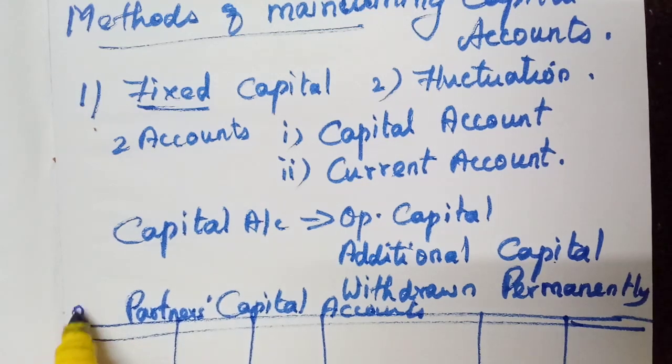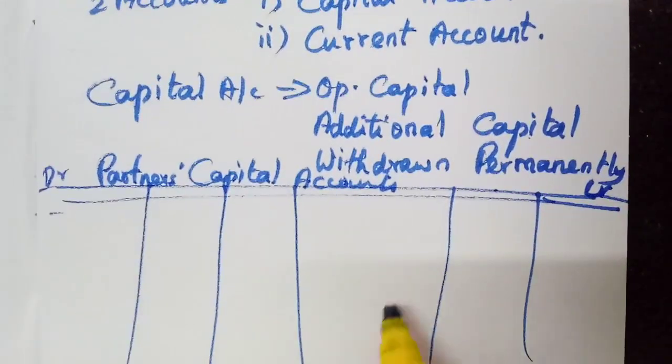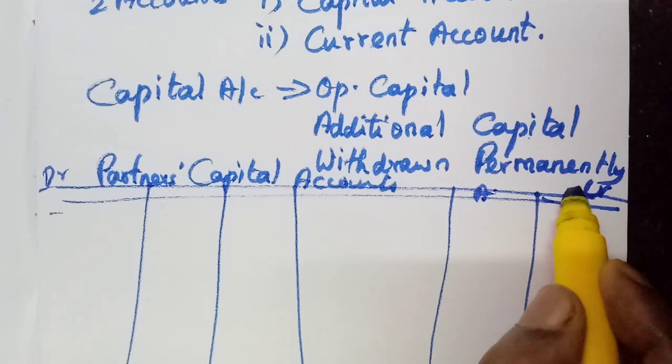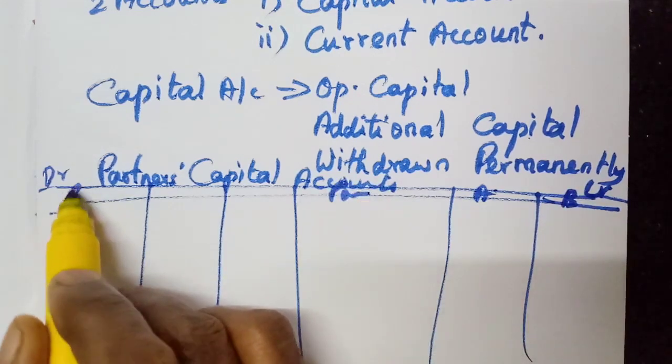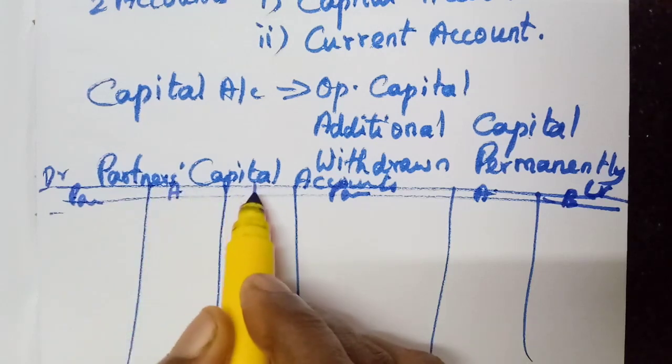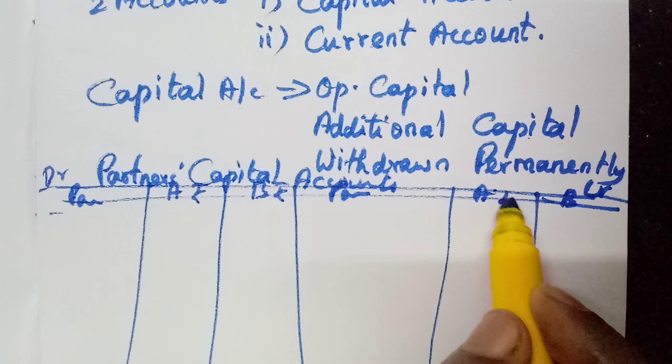Then debit, credit. Then A, B, if the two partners' names are A and B, we have to show them separately. Then particulars. Here you have to write particulars, A, B, rupees, the amount.